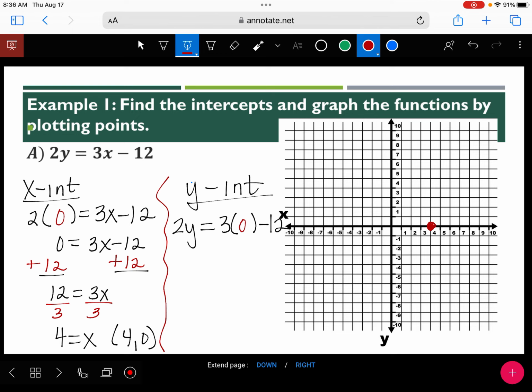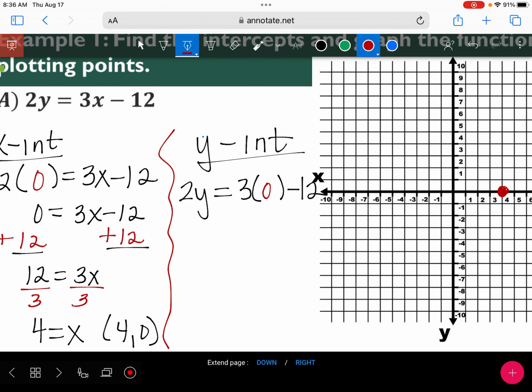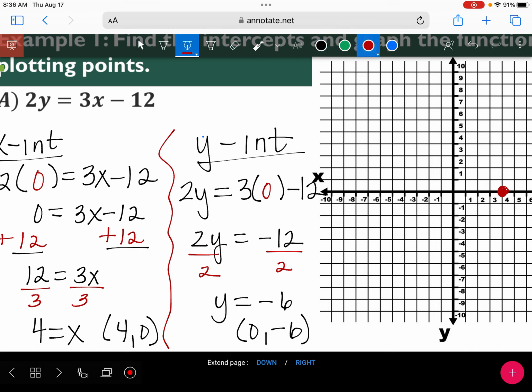All right, go ahead, take a minute and solve that for y. So 2y equals negative 12. Divide both sides by 2. We get y equals negative 6, which can be written as (0, -6). Plot that point on the y-axis.